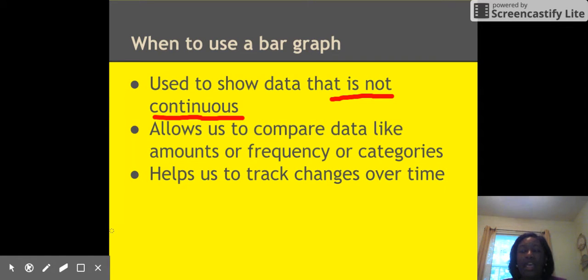It's not something that is connecting together, but it's comparing that particular data. And it also helps to track changes over time. So that's an example of what a bar graph could possibly be.